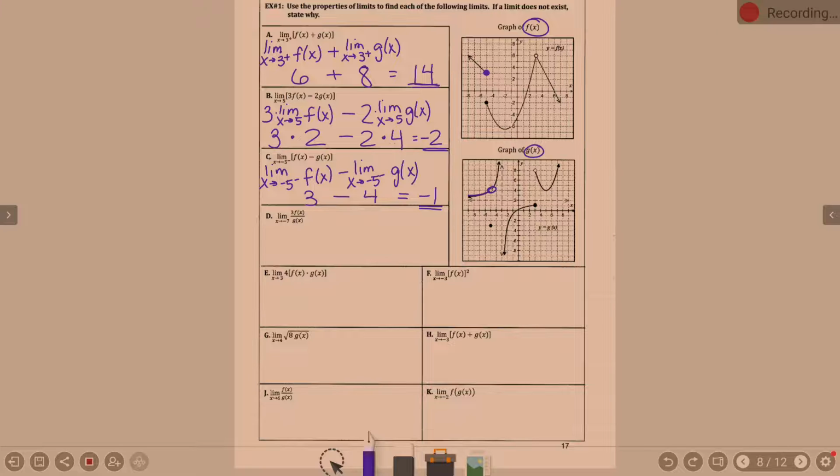So on top of my fraction, I'm going to have 3 times the limit as x approaches -7 of f of x divided by the limit as x approaches -7 of g of x. Three on top is 3. Limit as x approaches -7 of f of x.